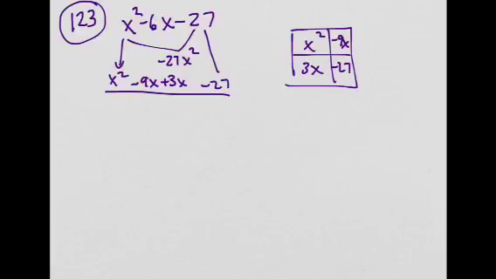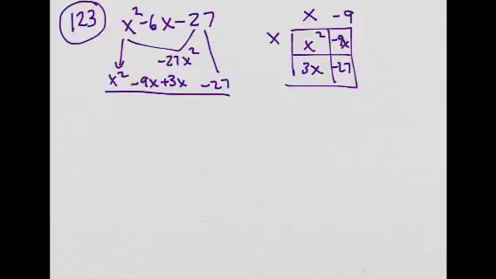So starting with the first row, so starting with this one right here, what's the greatest common factor? X. And then you ask yourself, okay, something times x has to give me x squared. So that is x. Do the same thing on the next empty spot up here. Something times x has to give me negative 9x. Negative 9.